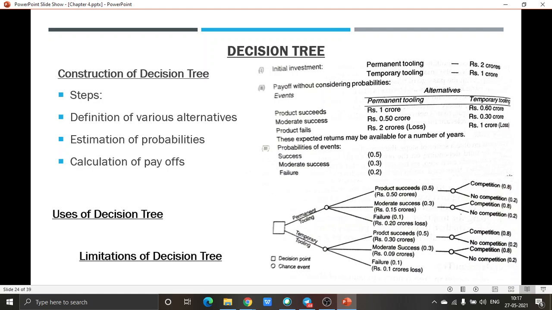That is nothing but, if I have to give an example, if an organization wants to introduce a new product in the market, we can consider that it has two alternatives available to it. First one is it can go for creating permanent tooling, or the second one is that it can go for temporary tooling. Now each of the alternatives will require different investment.